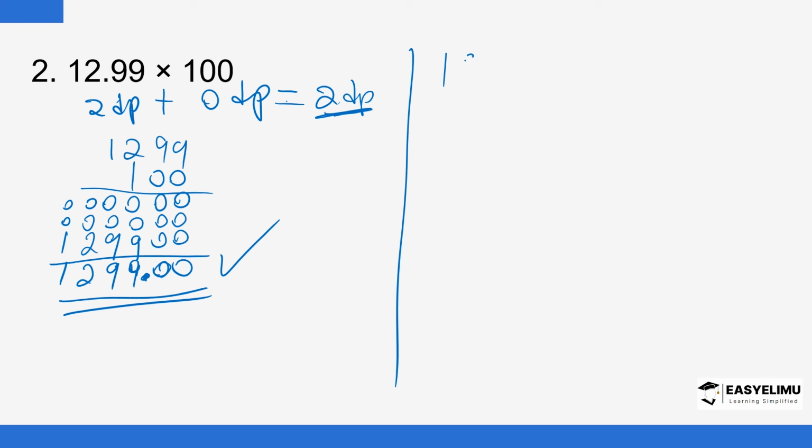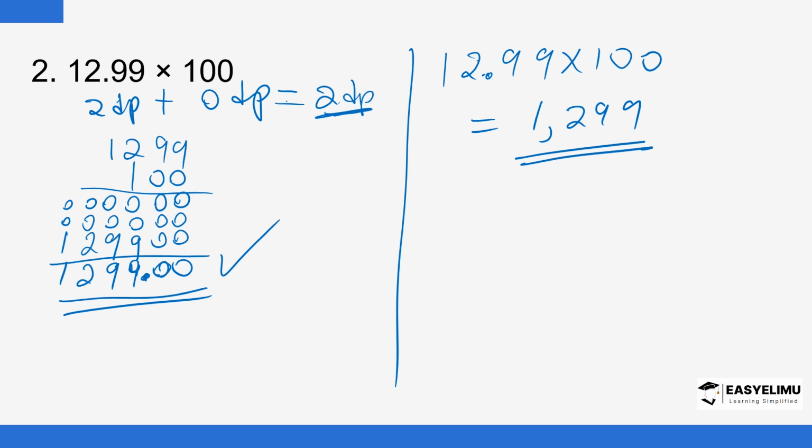What this means is that 12.99, this is 2, times 100 should be equal to 1,299. So you can see again the decimal point has moved to where? In between 9 and 0. So it was initially between 2 and 9. It has moved to the right. How many steps? 2 steps.